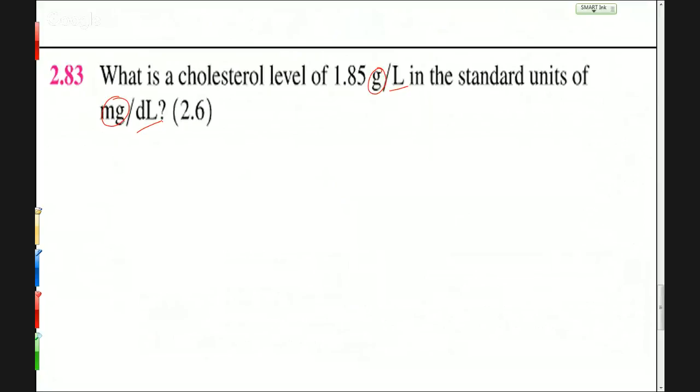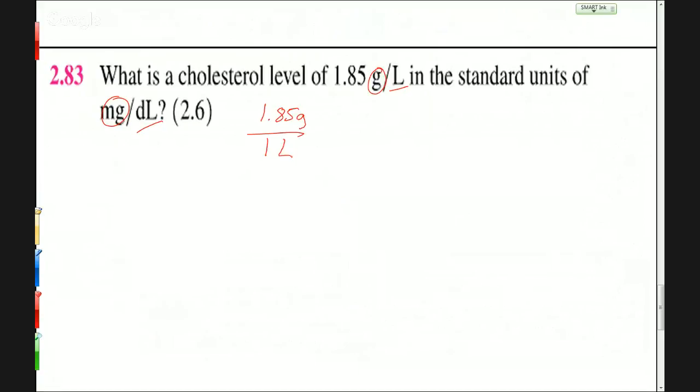This is what we call a compound unit, so this is actually a density, or really a concentration in this case, where we have a unit on top as well as a unit on the bottom. That slash, if you haven't seen that, means per. So another way of writing this would be saying that there are 1.85 grams of something, cholesterol in this case, in 1 liter.